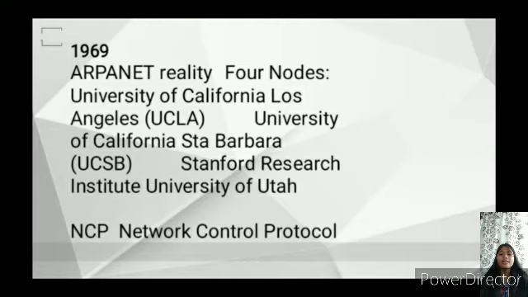This was the U.S. Department's Advanced Research Project Agency Network, or ARPANET. They were equivalent to the first two hosts on what would become the Internet. By December 1969, ARPANET contained four nodes: Stanford, UCLA, the University of Utah, and the University of California, Santa Barbara.